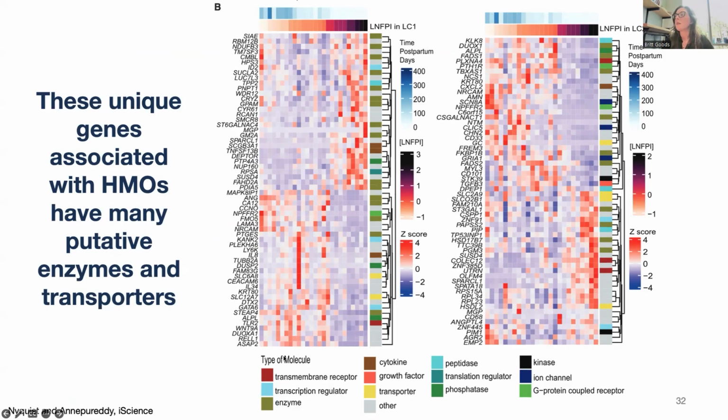What's really interesting is that there are differences between genes associated with HMO concentration in our LC1s as compared to our LC2s. A lot of them are enzymes and transporters, and so could be important for supporting the production of HMOs, possibly differentially between these two cell types. But now the hard part of validating these results begins.